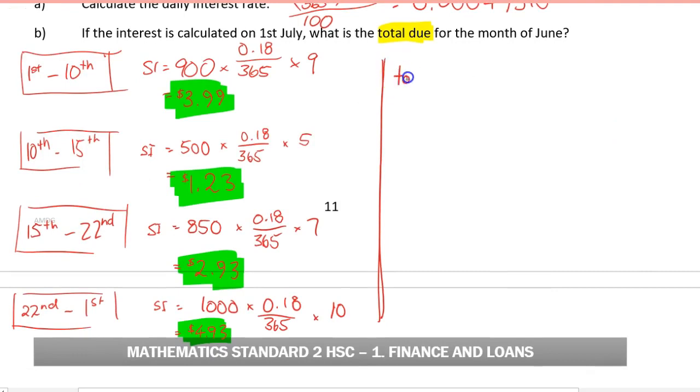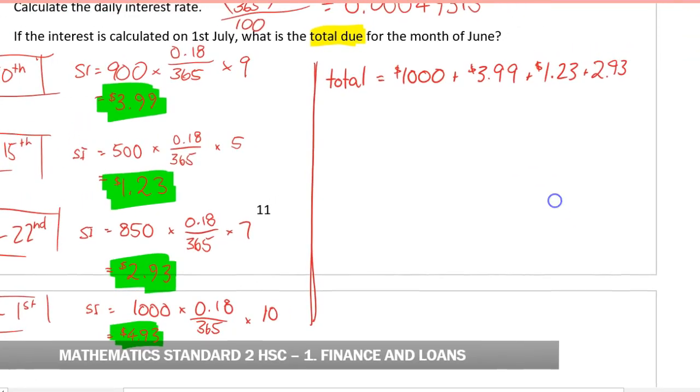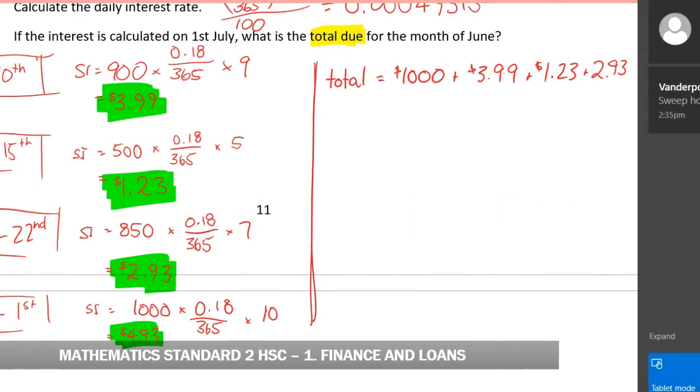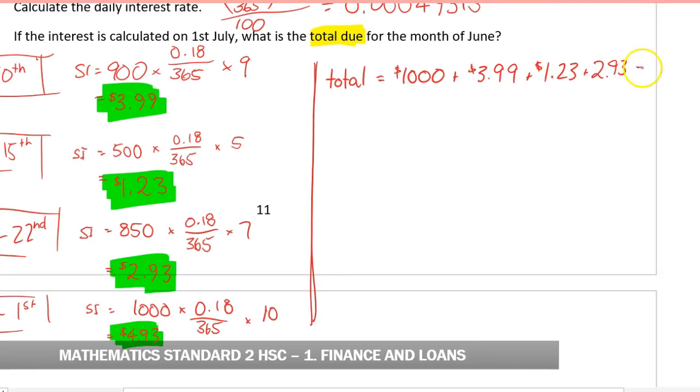So my total is going to be 1,000 plus those 4 numbers: 3.99, 1.23, 2.93, and finally $4.93. Right, add all those figures up.